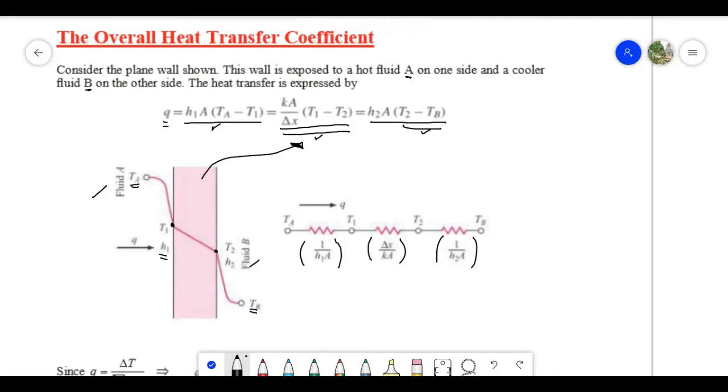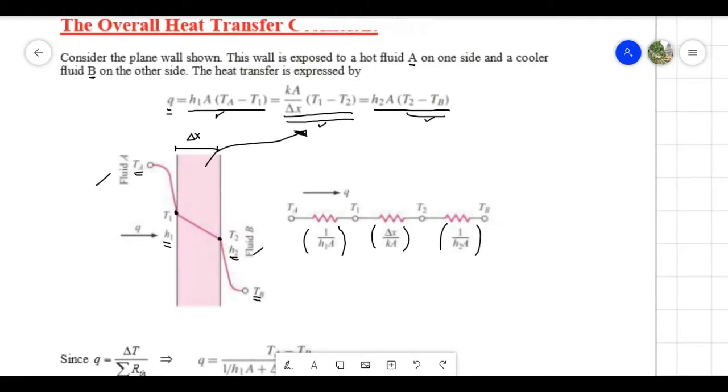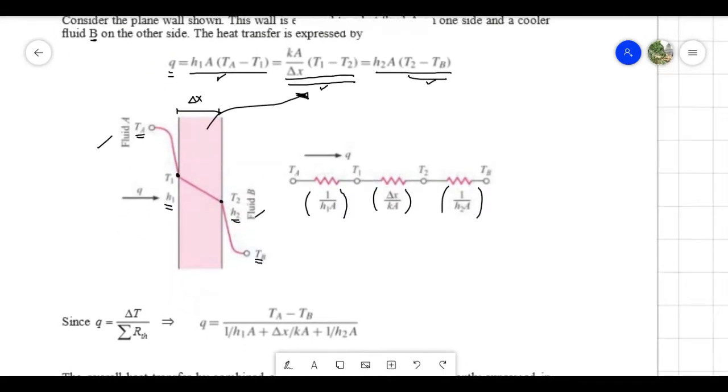Next is delta x, the thickness of the wall. And then next, of course, 1 over h2 times area for fluid B. We all know how these are derived.